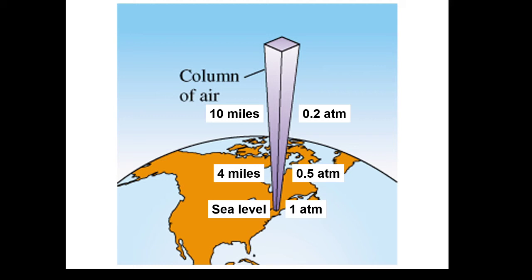So that's why if we get a lung puncture or something like that, we have difficulty breathing, because that internal pressure that's helping us breathe is interrupted. We've interrupted that equilibrium, that diffusion-effusion thing. Yeah, homeostasis.